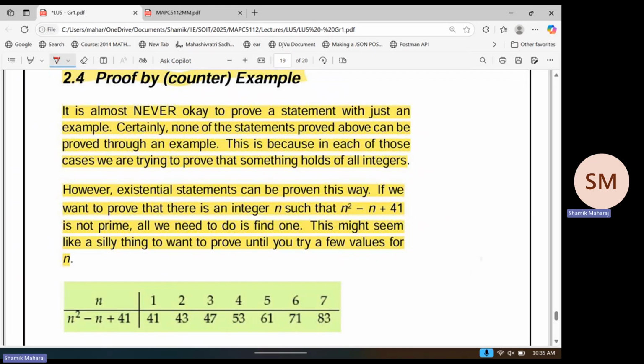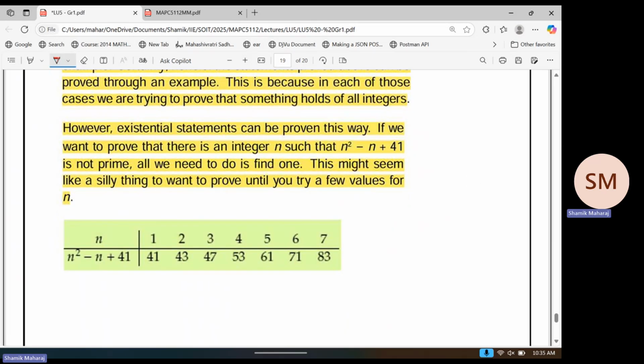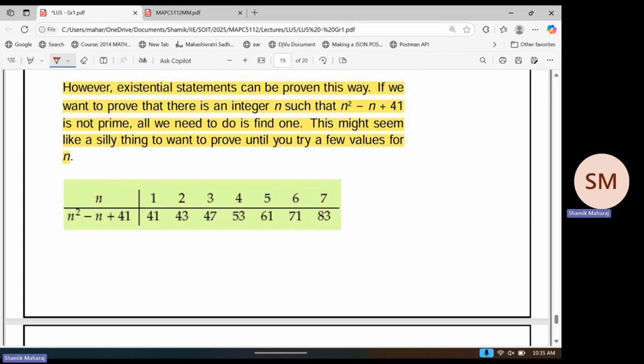So proof by counterexample. This is where you get a situation where you're making some kind of existential claim. Like this example here, there is an integer n such that n squared minus n plus 41 is not prime.